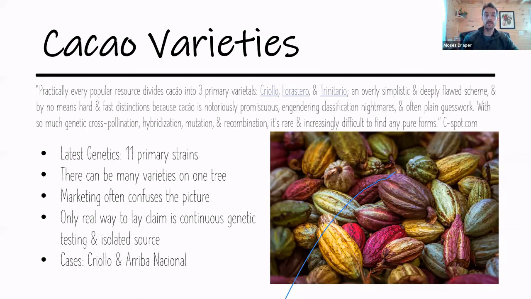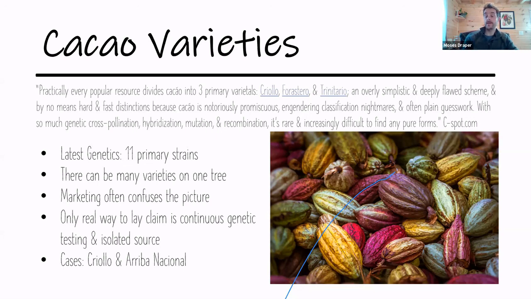And I'll talk about a case of that as an example in a moment. And it's not because necessarily those varieties don't exist, but a lot of the more heritage varieties are really hard to find. It's hard to find an isolated source where it's guaranteed and the realities of whether or not they're being tested. So the two examples are both Criollo and Arriba Nacional.